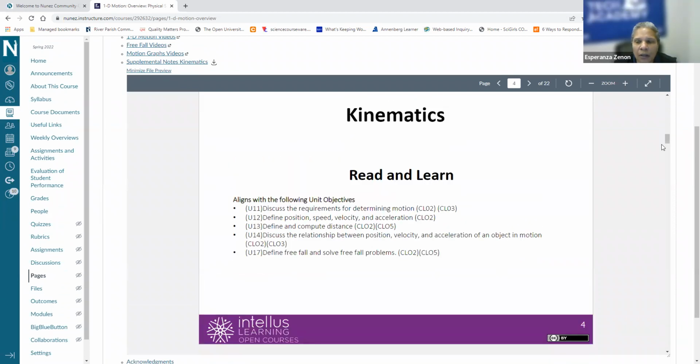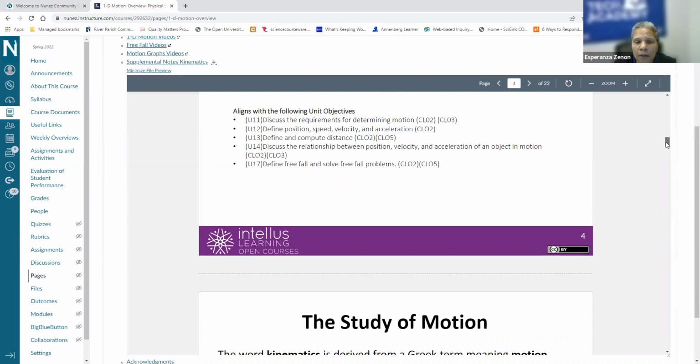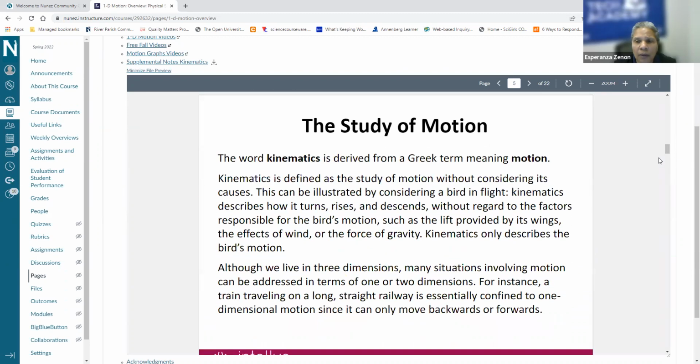And so here are the objectives again that I pull right from the weekly overview relating to this particular packet. You see up at the top I wrote a heading that says kinematics. One of the things we have to understand is, what is kinematics? The word kinematics means motion. I already told you we're studying motion here, right?